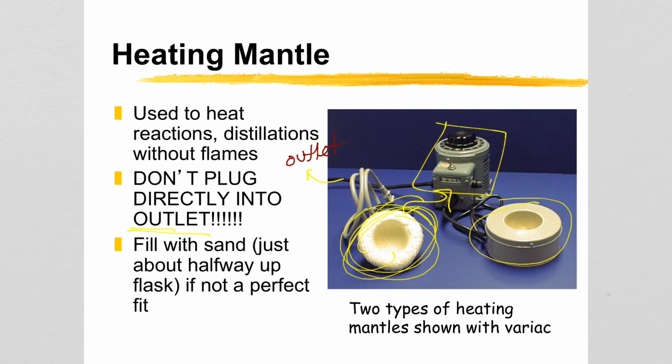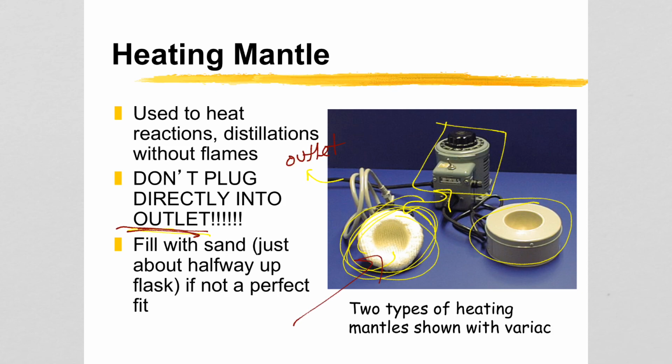Don't plug the heating mantle directly into an outlet, because these are basically like a heating pad, right? You plug it in and then it gets warm, okay? And if you think about it, the little keypad on your heating pad that has hot, medium, or low, high or low, is kind of what the variac is.